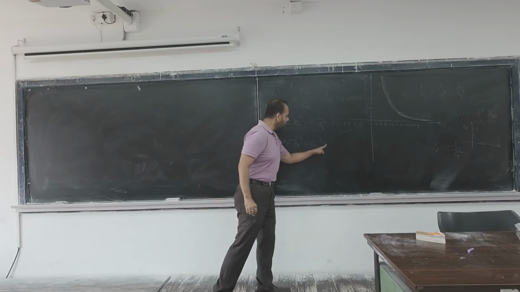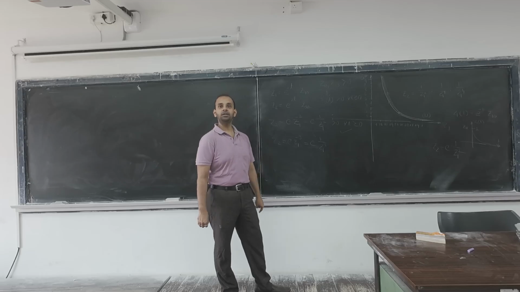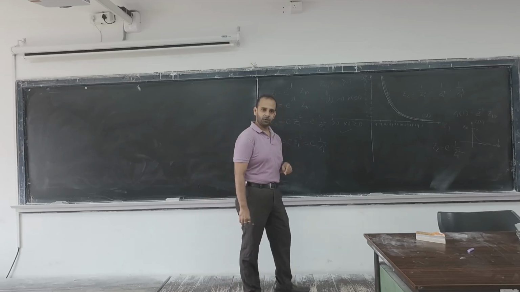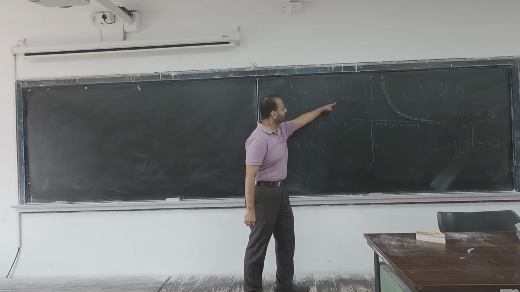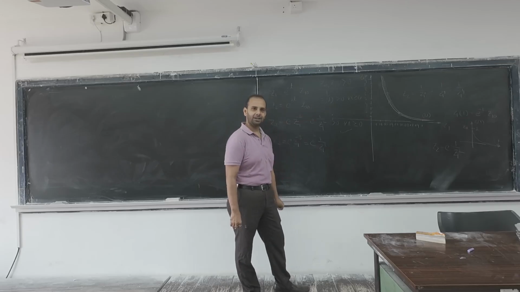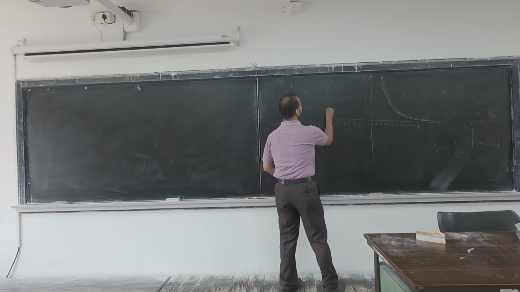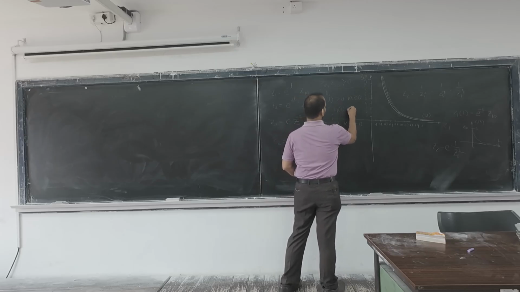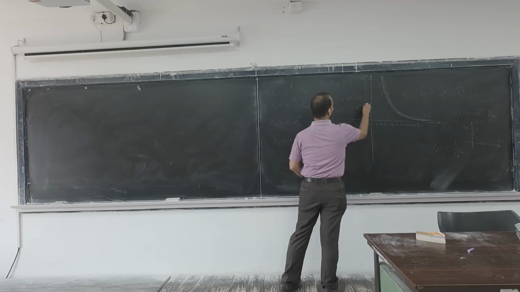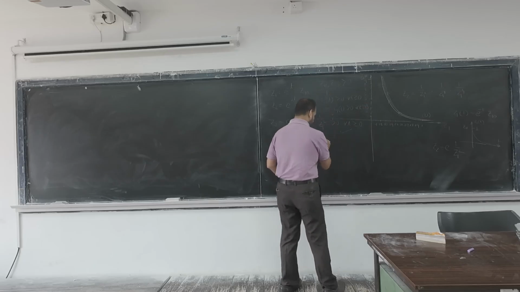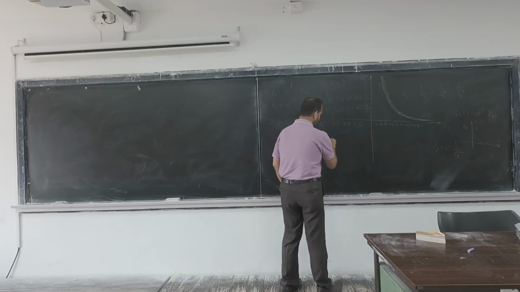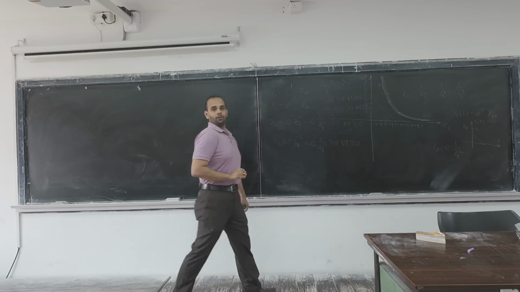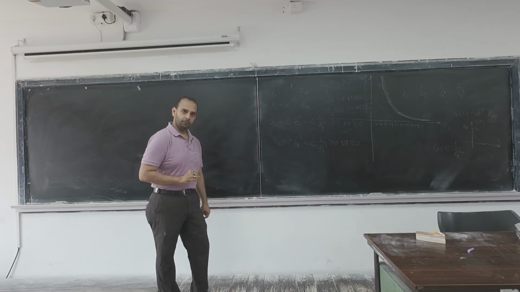Even if it is Z1 to the power cube, first you see what the values of Z1 are. As long as Z1 0 is positive, Z1t is also positive for all t greater than or equal to 0. So Z1 to the power cube is also greater than 0, and 1 by Z1 cube is also greater than 0 for all t greater than or equal to 0. Do you agree with that?